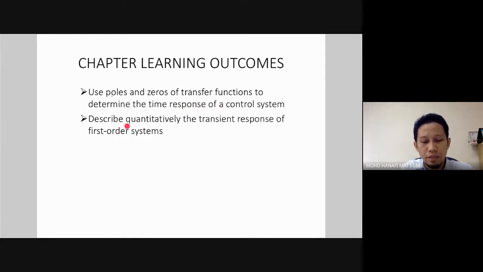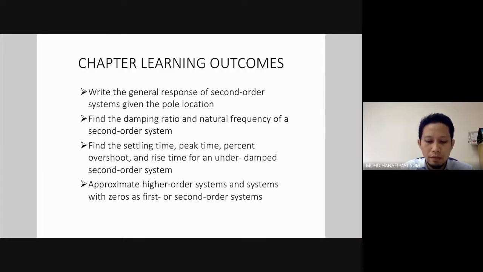Next is to describe quantitatively the transient response of the first order system. You will also learn how to write the general response of the second order system given the pole location as well as the zero location. Then you need to find the damping ratio and natural frequency of the second order system.